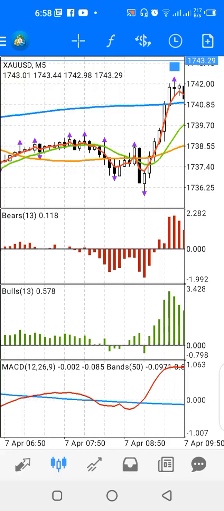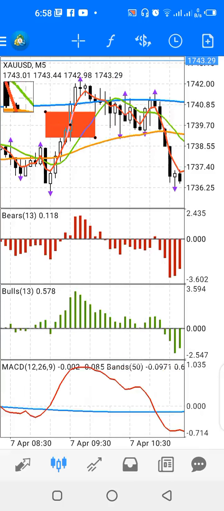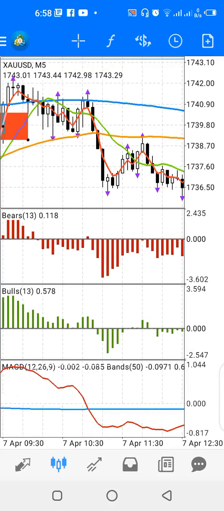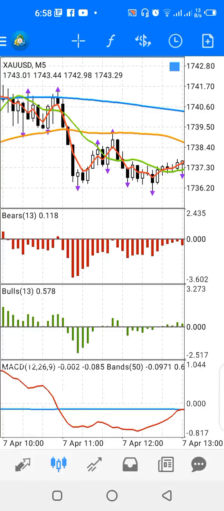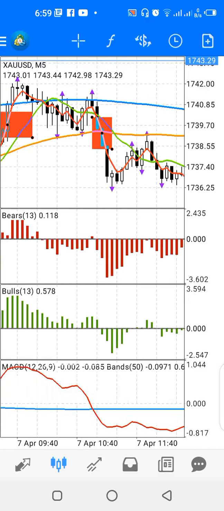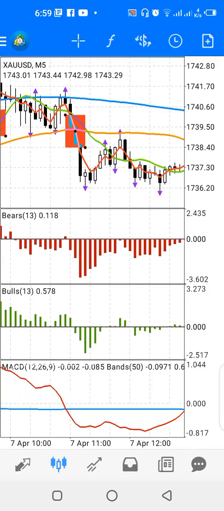We have a range. Okay, you can see that. Until we now have a good signal for us to sell at that point, where the red line drops below all the moving averages, and also price closes below all the moving averages.